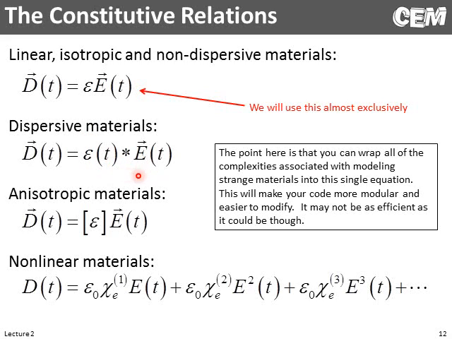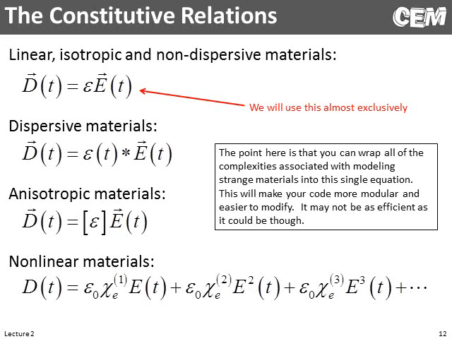It's not a multiplication. So that leads to wonderful problems when you model things in the time domain and want to account for dispersion. But in the frequency domain, what happens when we Fourier transform a convolution? It just becomes multiplication, and it's brainless at that point. So another reason why we like modeling things in the frequency domain.